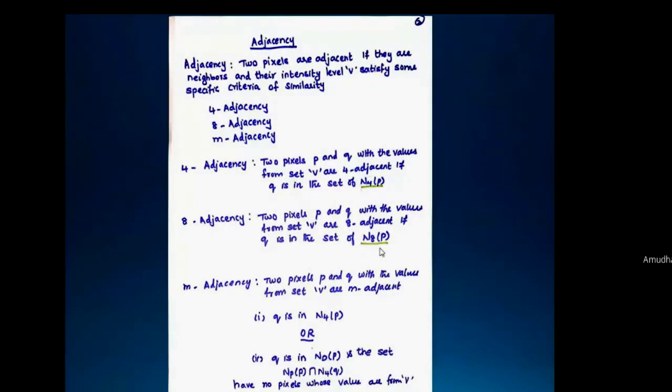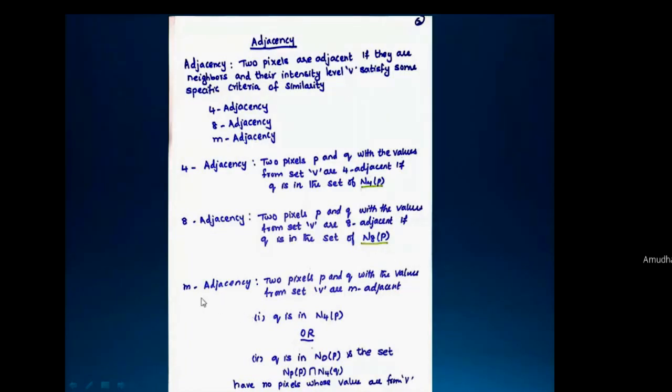The first condition remains the same: P and Q values should be from the set V. In the second condition, for 4 adjacency, Q should be in the set N4 of P, and for 8 adjacency, Q should be in the set N8 of P. That is the difference, which I marked with a green pen also. Otherwise both are the same.